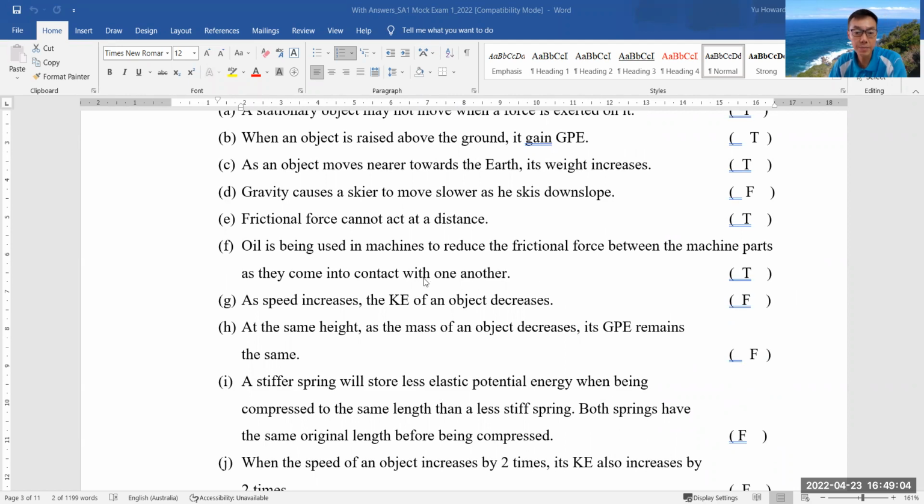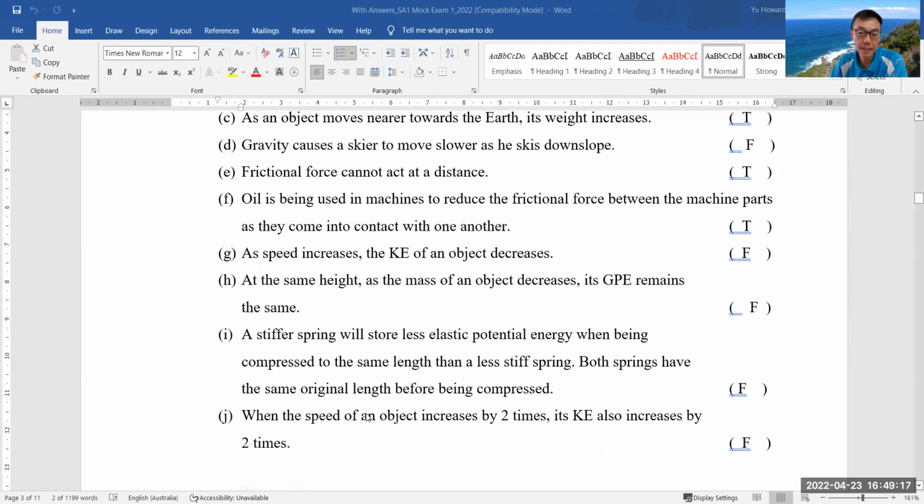Okay, I would like to explain part I. A stiffer spring will store less elastic potential energy when being compressed to the same length than a less stiff spring. There's a condition: both springs have the same original length before being compressed.